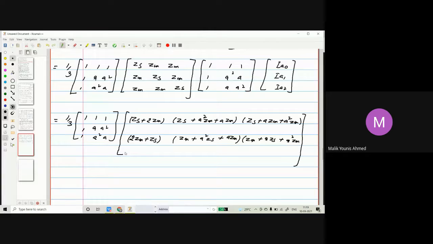Last will be again the same, 2ZM plus ZS, and that will be ZM plus A square ZM plus A ZS. Then last will be ZM plus A ZM plus A square ZS, and this last column will be as it is, I0, I1, I2. So that's the last column we have.